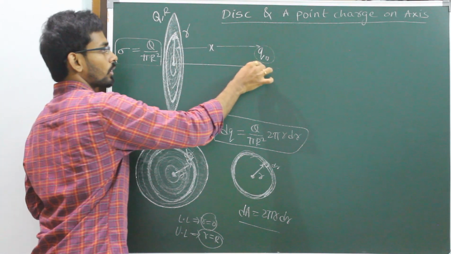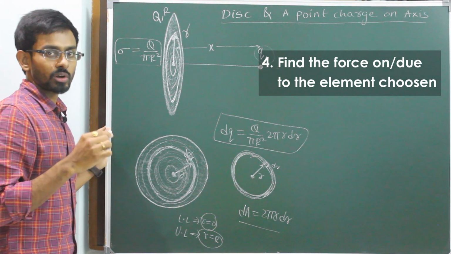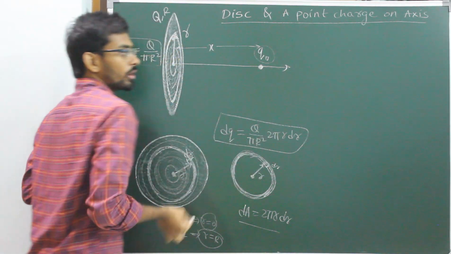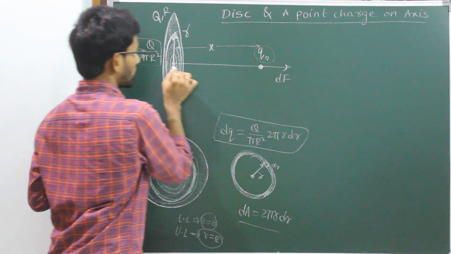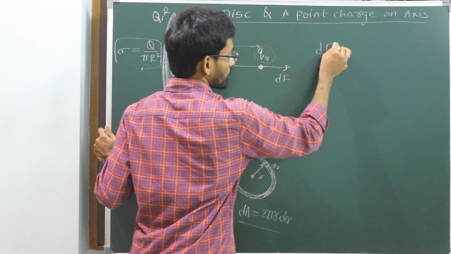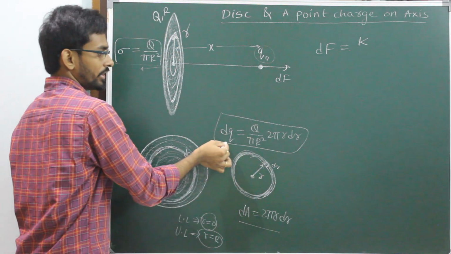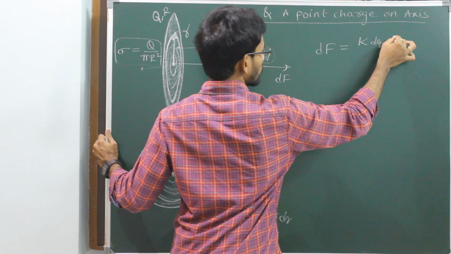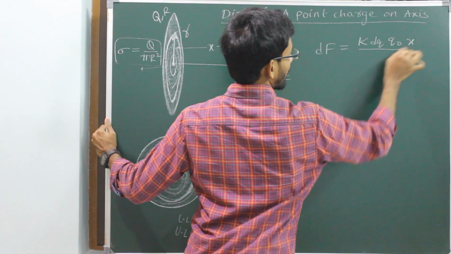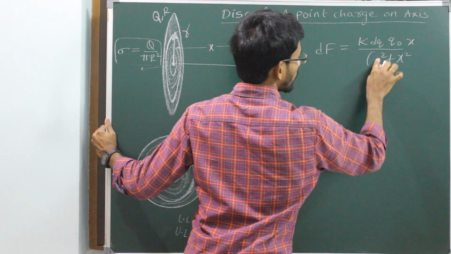So we know the charge on the ring, and we know the point charge. Previously we discussed an expression for the force of interaction between this ring and this point charge, and it will be in the horizontal direction. The dF on this ring will be in this direction, and on the point charge in this direction. So what dF value did we get previously? dF equals k into dq, instead of capital Q, into q naught, into x by (r square plus x square) whole power 3 by 2, where this is small r square.